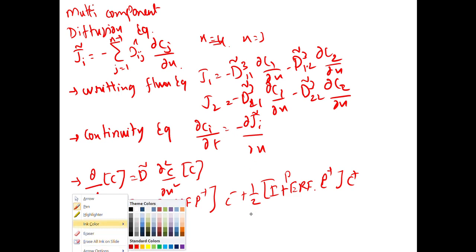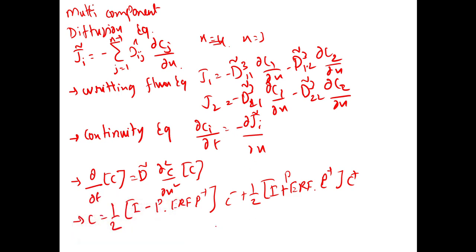For binary, the same thing reduces to what we derived under the previous condition, that is, in the binary condition D equal to D tilde and P equal to 1.